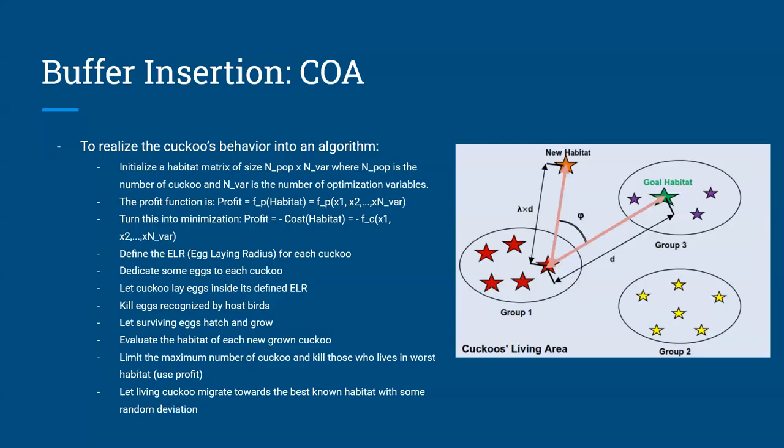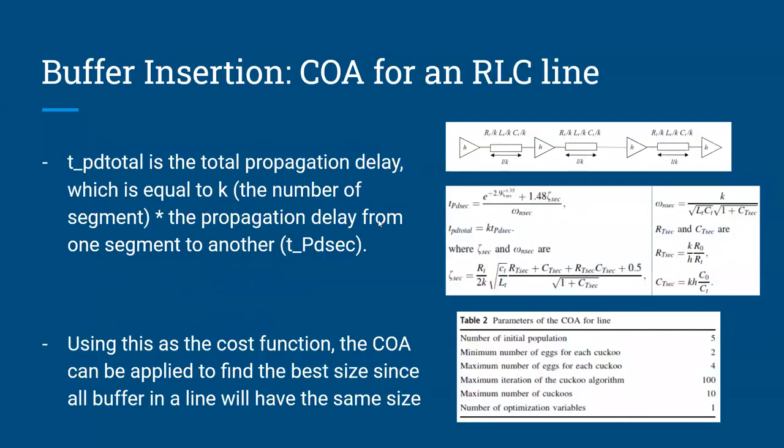Limit the maximum number of cuckoos and kill those who live in worse habitat, for which we can use the profit function. And then let the living cuckoos migrate towards the best known habitat with some deviation. And we can see that at the end, they will converge on a solution or on the optimal habitat. So here, the author applies COA on an RLC line.